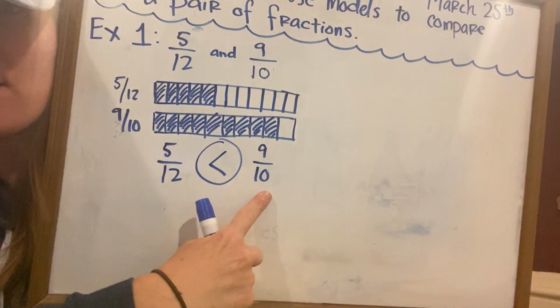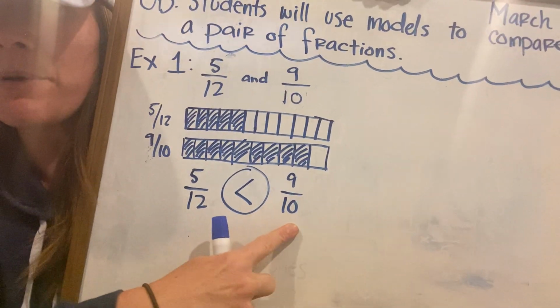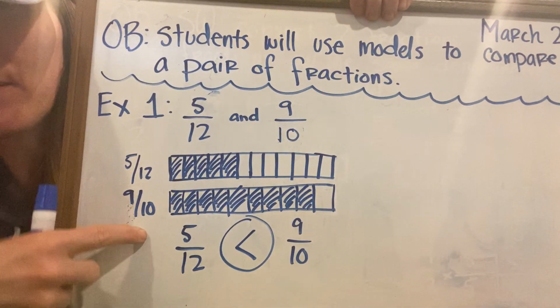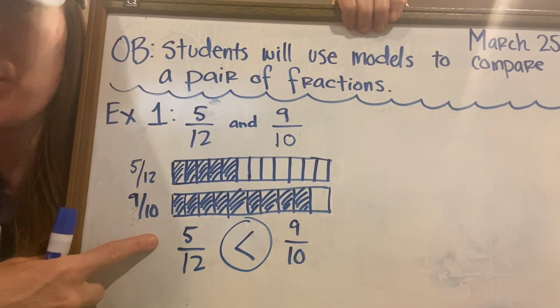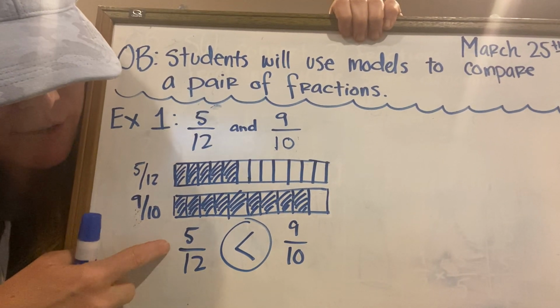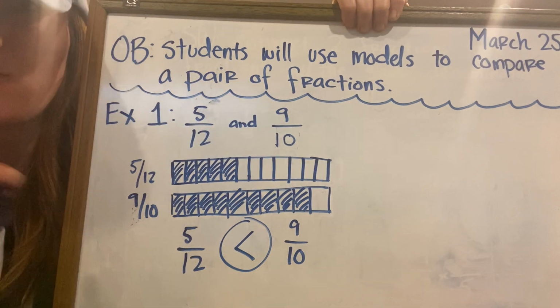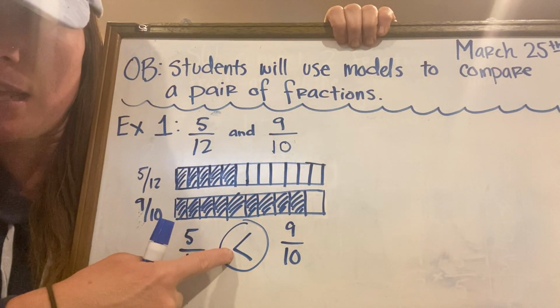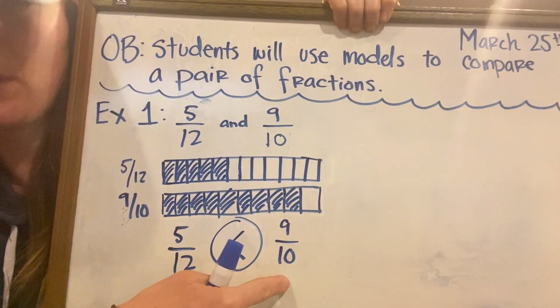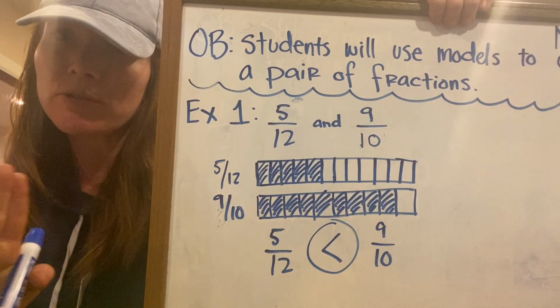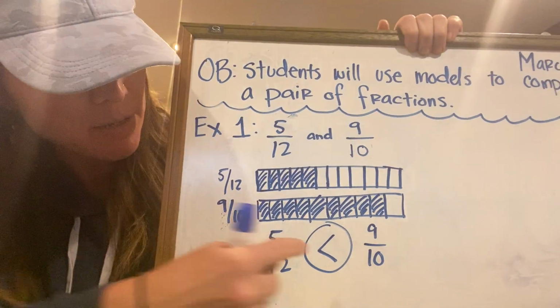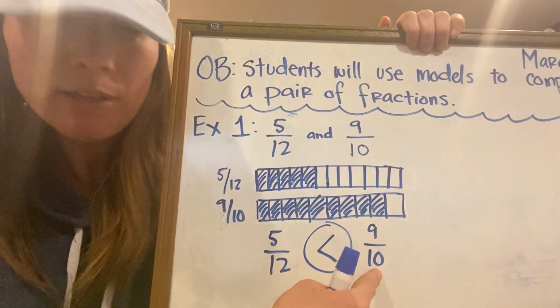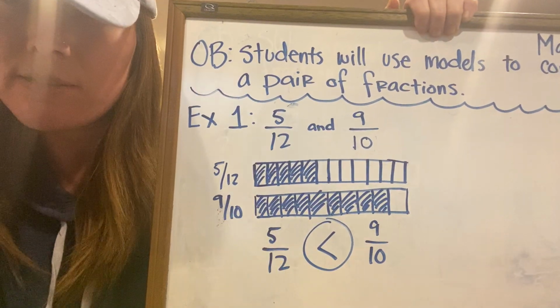Since 9/10 is greater, but the fractions are written like this, 5/12 is blank to 9/10, then we have to acknowledge that 5/12 is actually smaller. So 5/12 is less than 9/10. Some of you might be a little confused right now, so let me clarify, because I did say that 9/10 is greater, and then you're thinking, why did you put the less than sign?